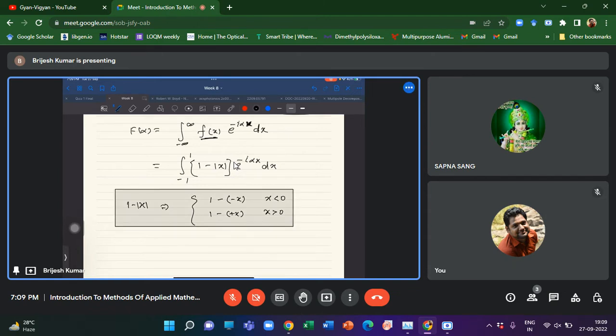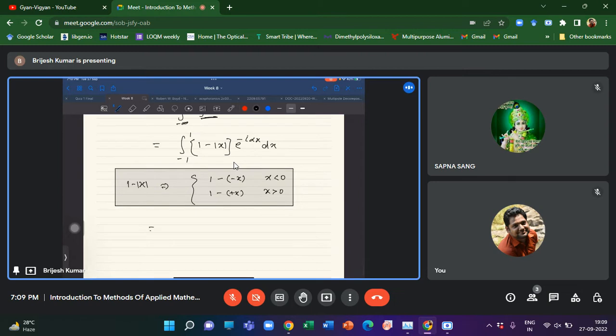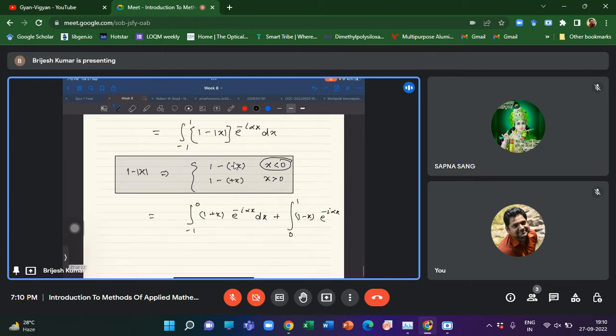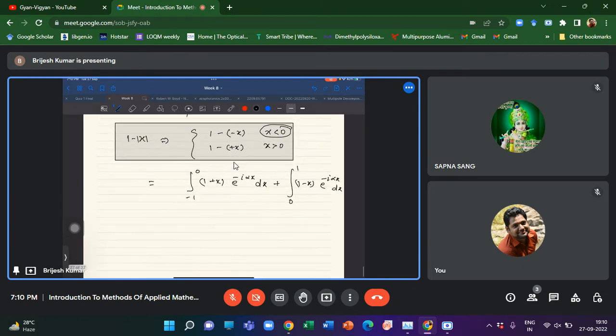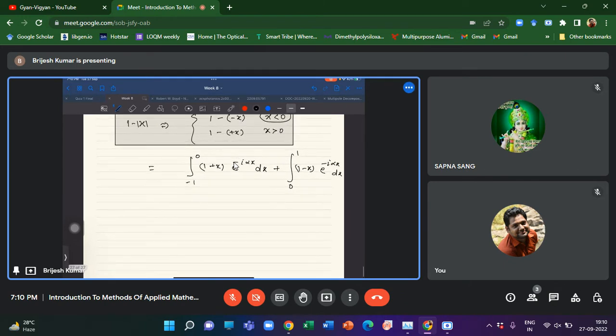So the limit breaks at 0 and the function changes. From minus 1 to 0, it will be 1 plus x, e to the power minus i alpha x dx, then plus 0 to 1, 1 minus x, e to the power minus i alpha x dx. Now, can you solve this equation?